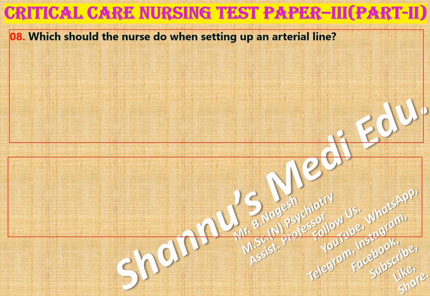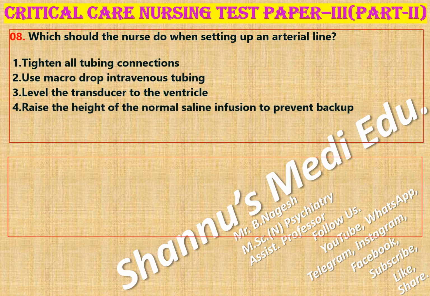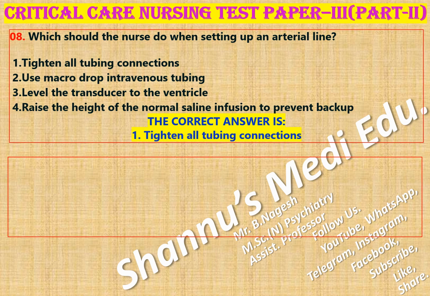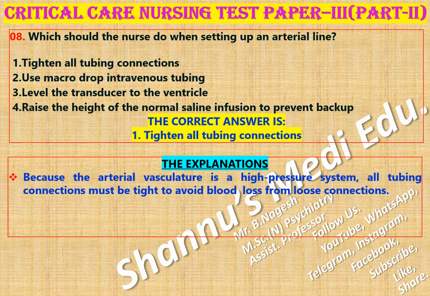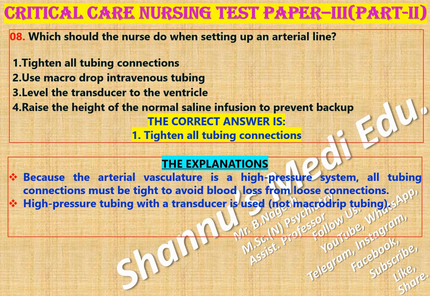The eighth question: what should the nurse do when setting up the arterial line? The correct answer is tightening all tubing connections. Explanation of this question: because the arterial vasculature is a high pressure system, all tubing connections must be tight to avoid blood loss from loose connections.